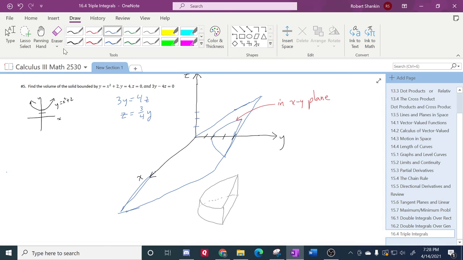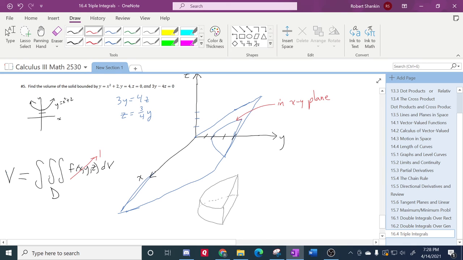So the volume, I can do a triple integral. Let's call the region D, and if we make the f(x,y,z) to be 1, then this will give me the volume.